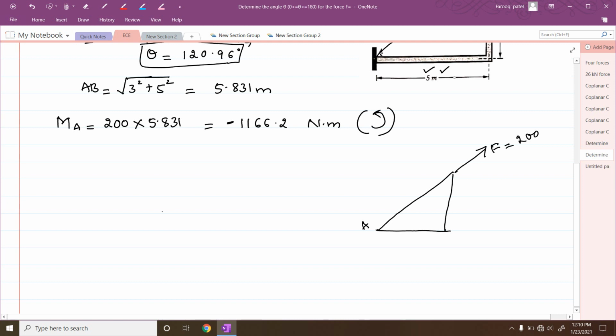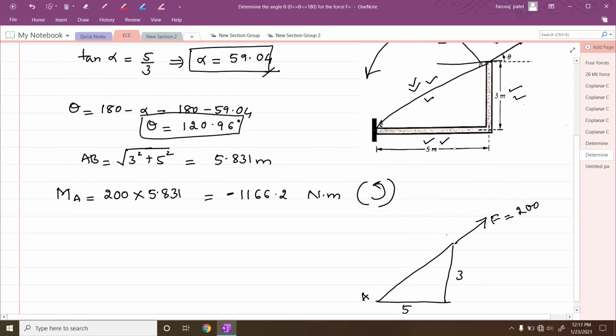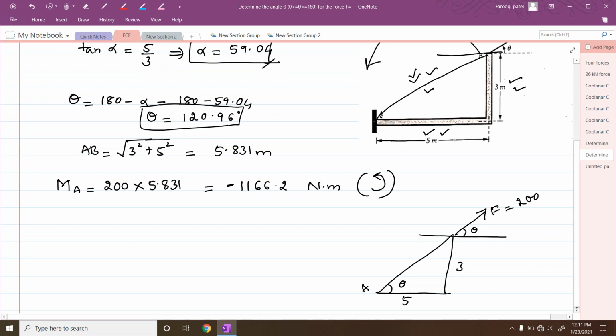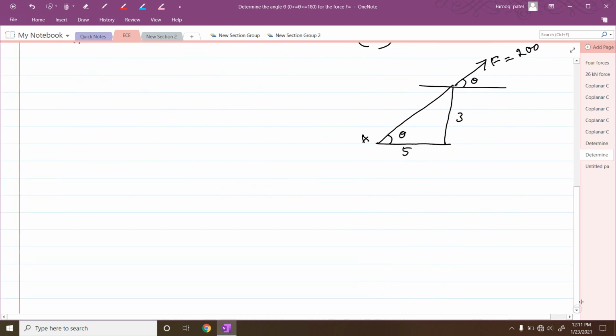Now this distance is 5 meters, and this distance is 3 meters. This angle they have given as theta, so we can have this also as theta. We will calculate at what angle it has to be applied. This is the second part of the question.